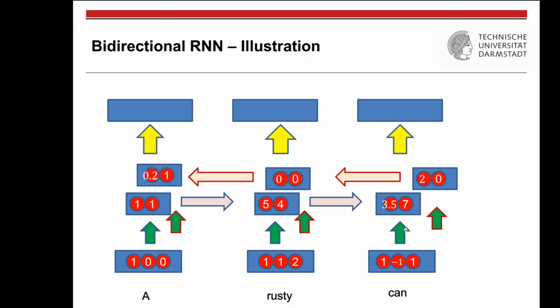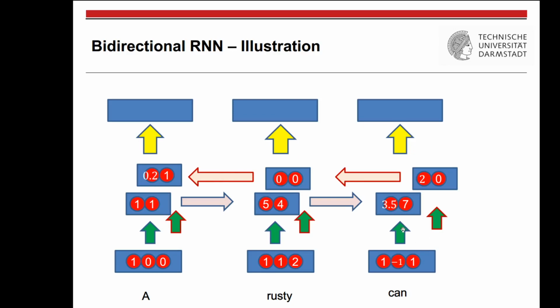And the important thing when you have such a model, first of all, is that the forward and the backward layer do not interact with each other. Because they are independent, they each come along with their own weight matrices.